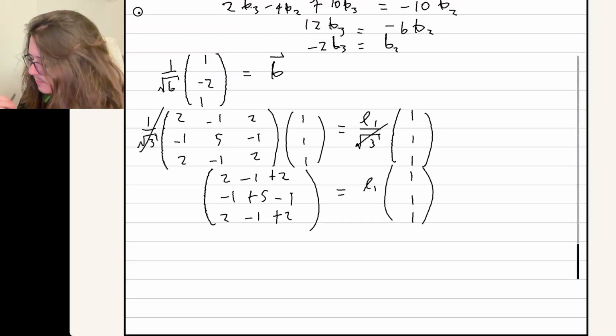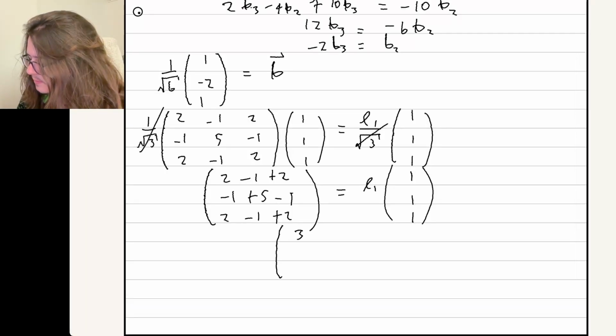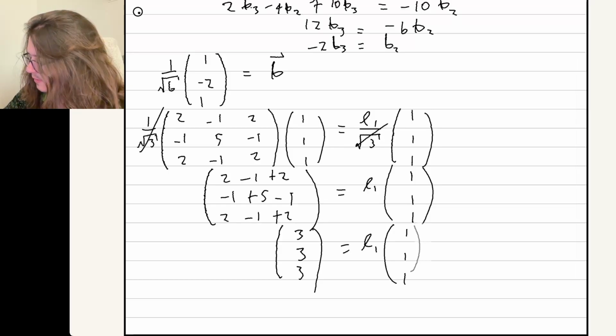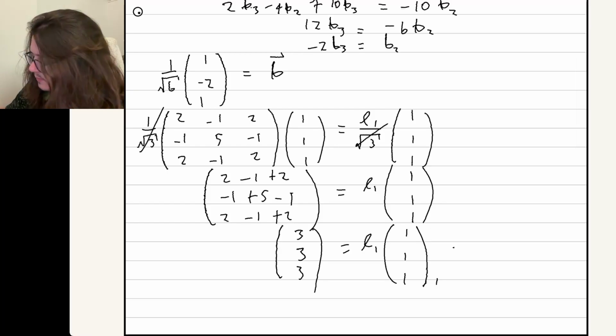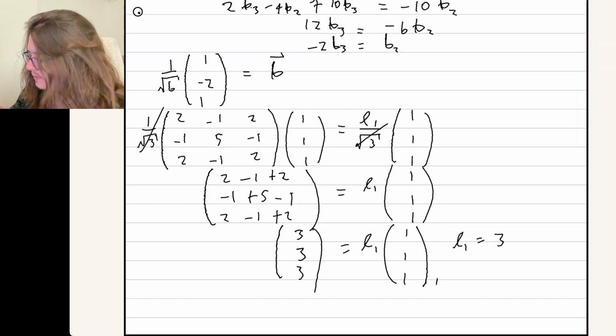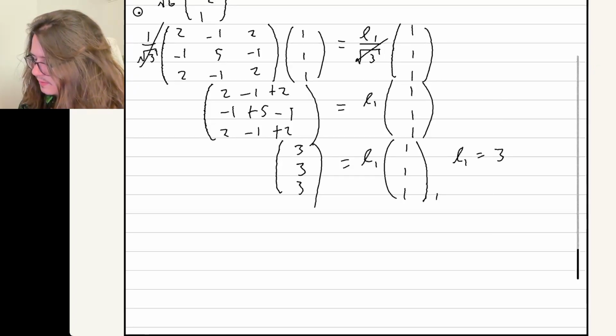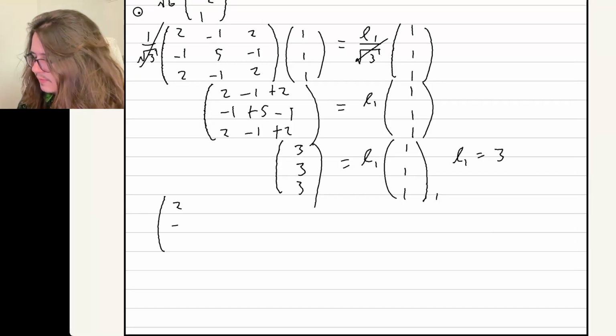And just carrying out the math in the left-hand side, we end up with 3, and then 3, and then 3. So solid. Yeah, this is certainly an eigenvector then of the matrix B with eigenvalue 3. Moving right along, we'll stick the vector B next to the matrix B to check that it ends up being another eigenvector.